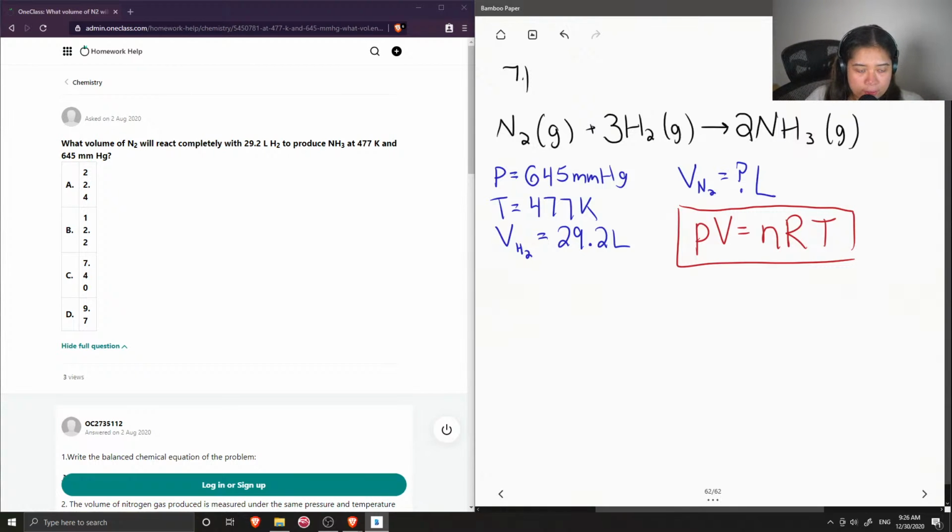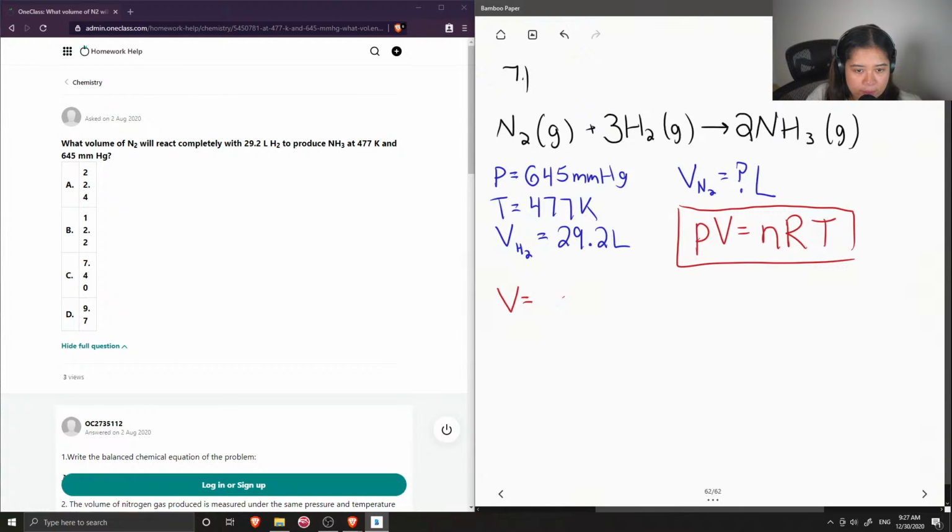Okay, so you see that the temperature and the pressure are both constant for nitrogen and hydrogen, so we can combine them all with R since it is also a constant. Let's rearrange the equation.